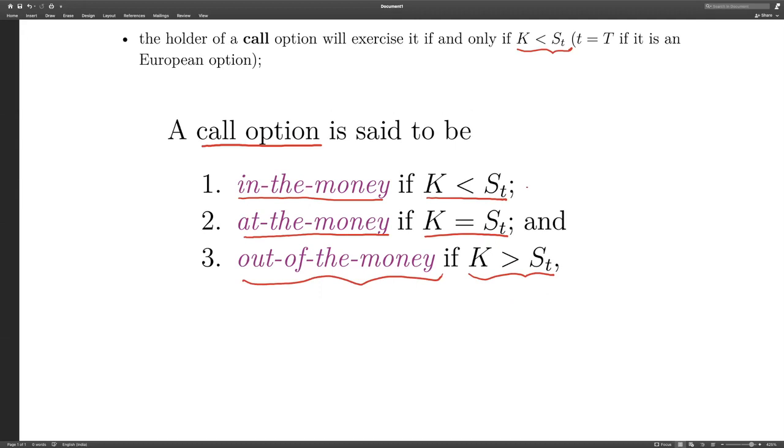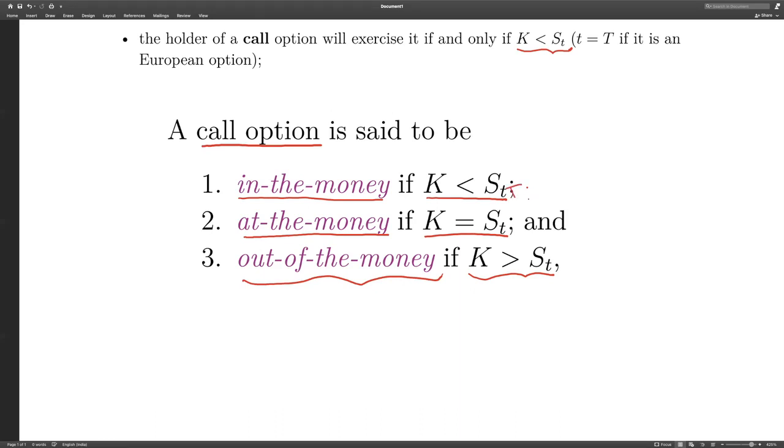Recall that the expiration is capital T in the case of a European option. In the case of an American option, this expiration time can be any time between 0 and capital T. That is why we don't put a capital T here.